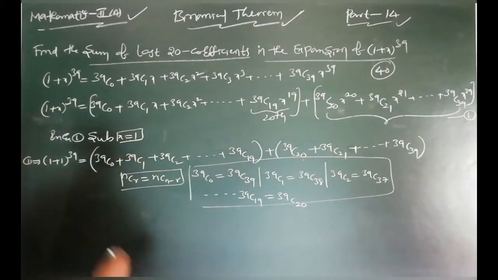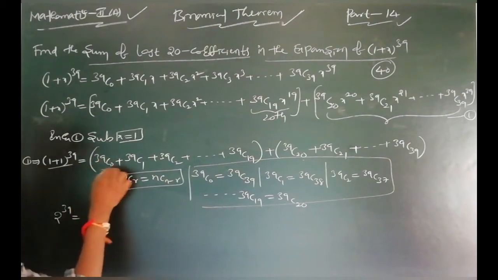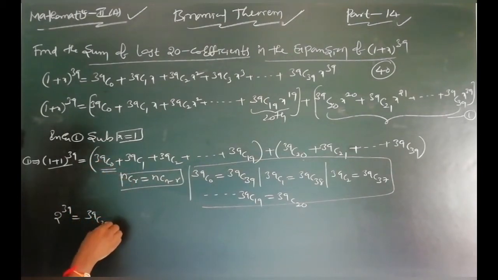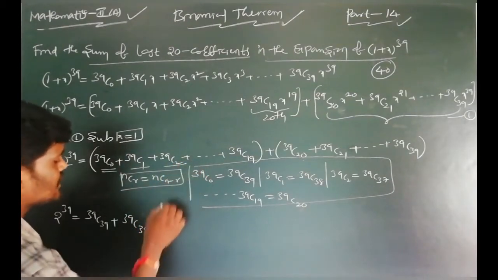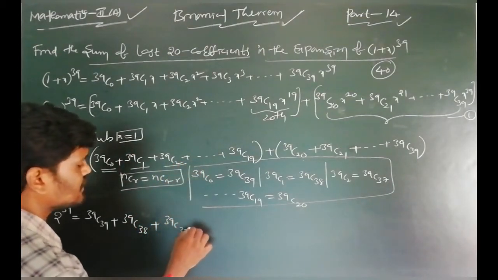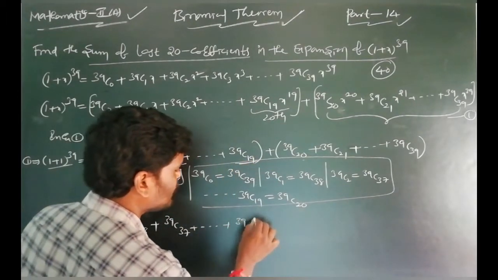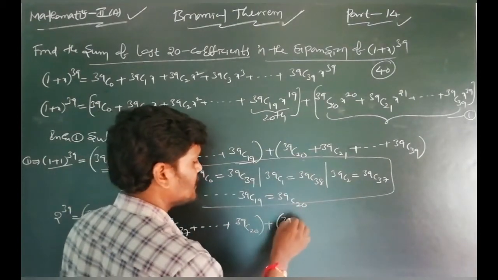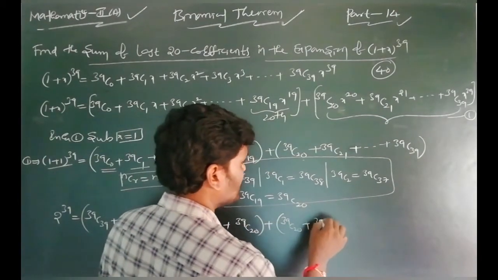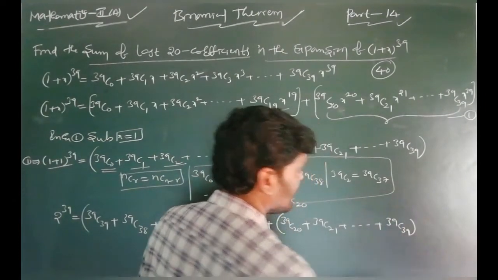That's why you can write 2^39 = 39C39 + 39C38 + 39C37 and so on + 39C20, plus 39C20 + 39C21 and so on up to 39C39.